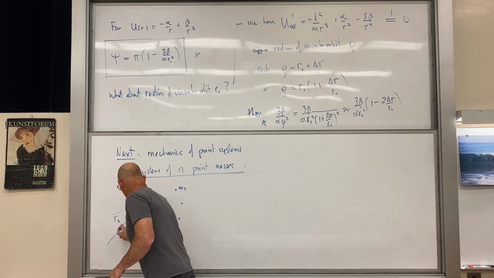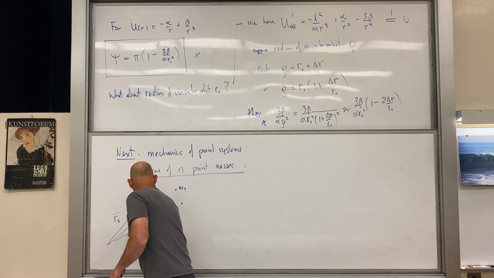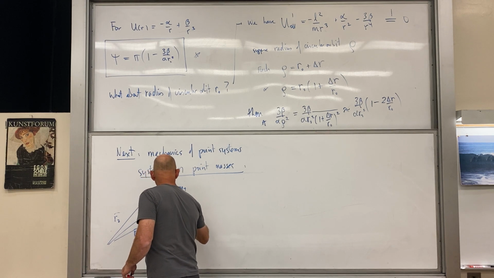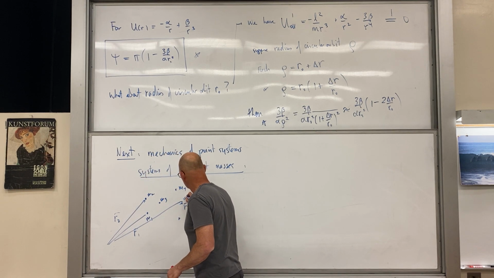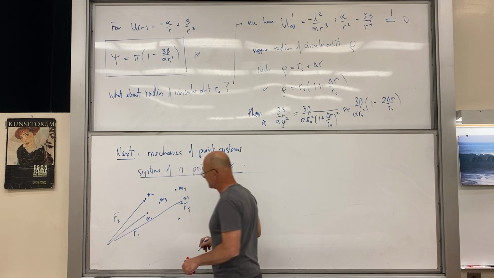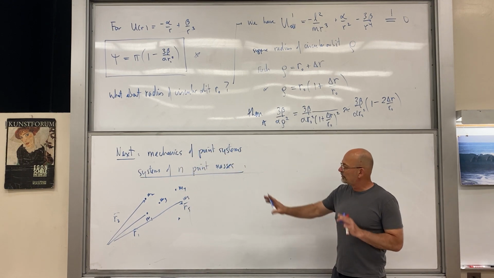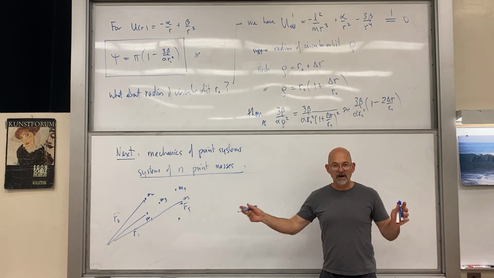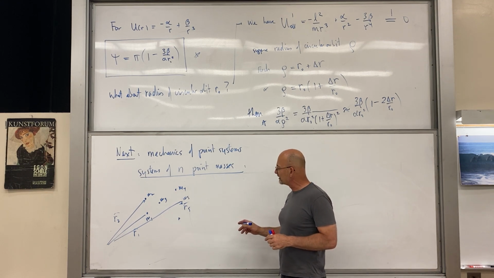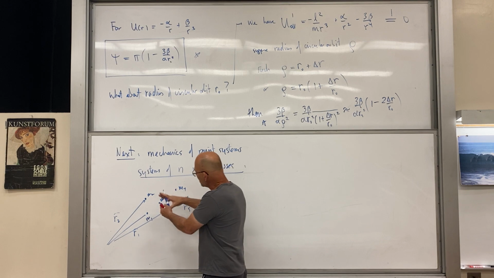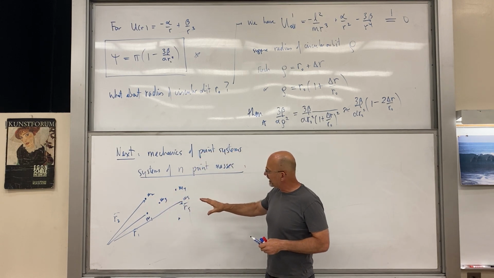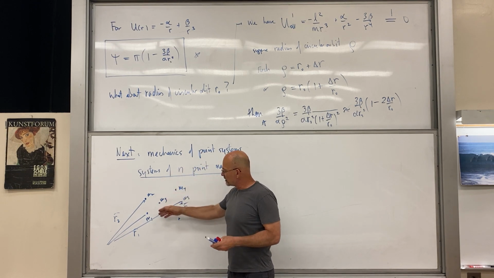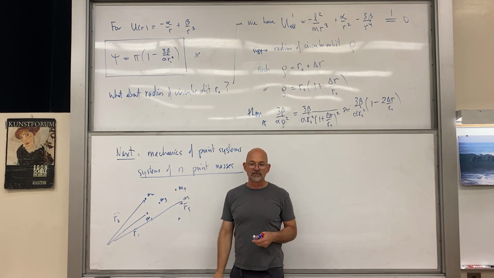So that was my r sub 1, r sub 2, r sub whatever, okay. m sub 5, r sub 5. So yeah, particles and their positions. And they're moving around in space, and they're interacting with each other, and we're even going to add the idea that not only do they interact with each other, but they could all be subject to some external force.